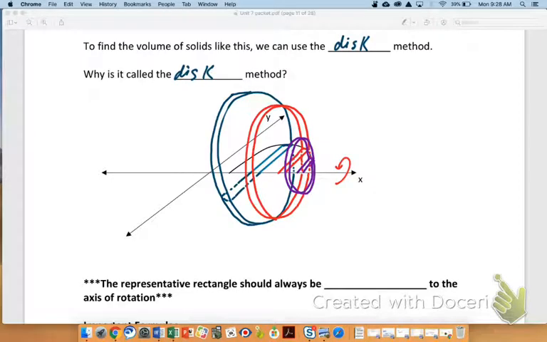Okay, so let's think about this very conceptually for a second. We can talk about formulas all you want in just a moment. But conceptually speaking, if I wanted to get the exact volume, like I tried to do with that little animation earlier, how many of these representative discs would I need? I'd need an infinite number of them. And how wide would they need to be? Infinitesimally wide, approaching zero width.